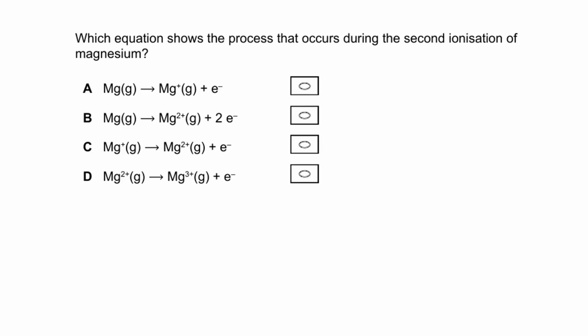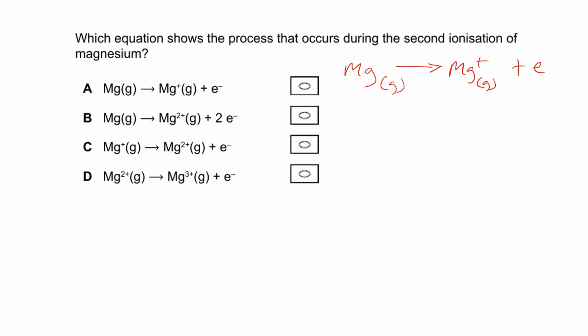Okay, so let's look at another question. Which equation shows the process that occurs during the second ionization of magnesium? This question is under ionization energy, and first you need to understand the concept of ionization energy. This is the energy required to remove an electron from an atom in its gaseous state. Let's say for example magnesium in its gaseous state, an electron is removed to give us a magnesium ion still in its gaseous state.